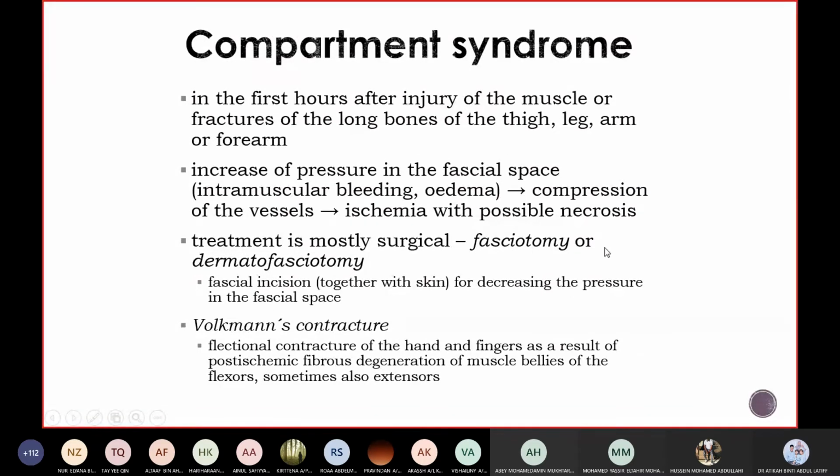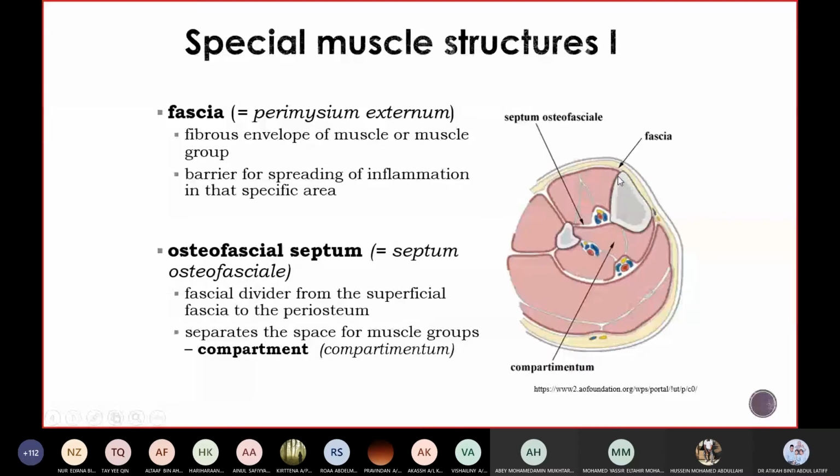This is a common side effect when there is any injury or fracture of the long bones of the thigh, leg, arm or forearm, because the blood from the injury leaks into this osteofascial space, and it compresses these structures here. You can see here, this is your blood vessel, your vein, and also your lymph vessels.